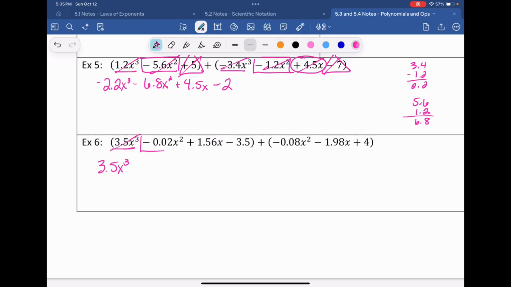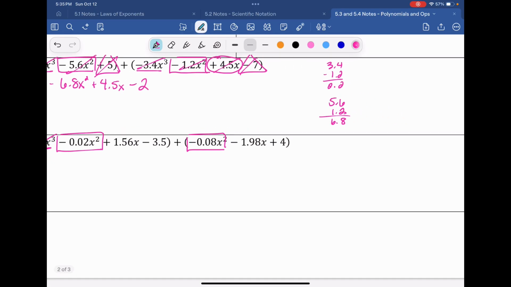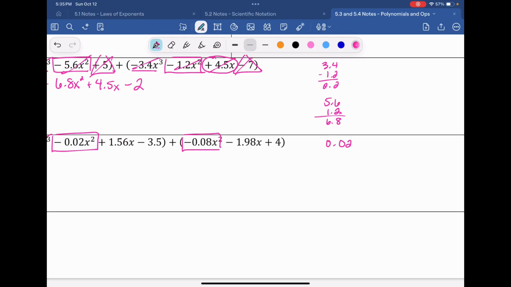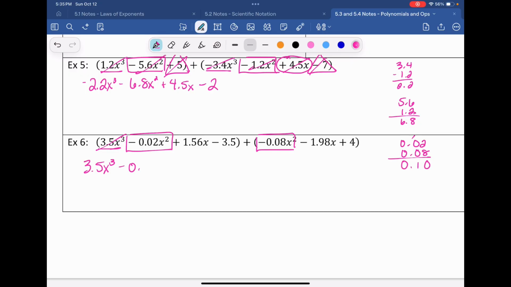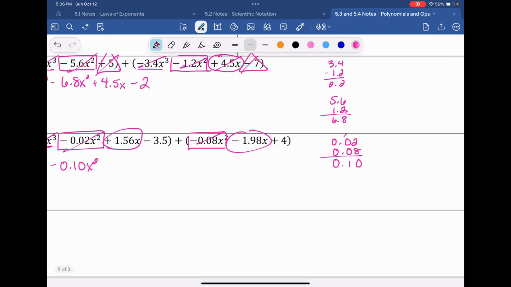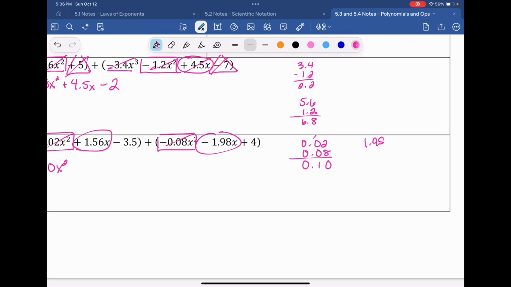Then I have negative 0.02x squared, negative 0.08x squared, so that's 0.10. Then .5x, negative 1.98x. 8 minus 6 is 2, 9 minus 5 is 4, so 0.42.